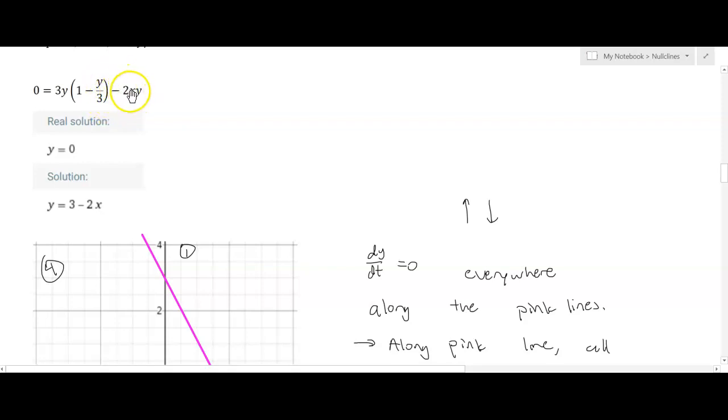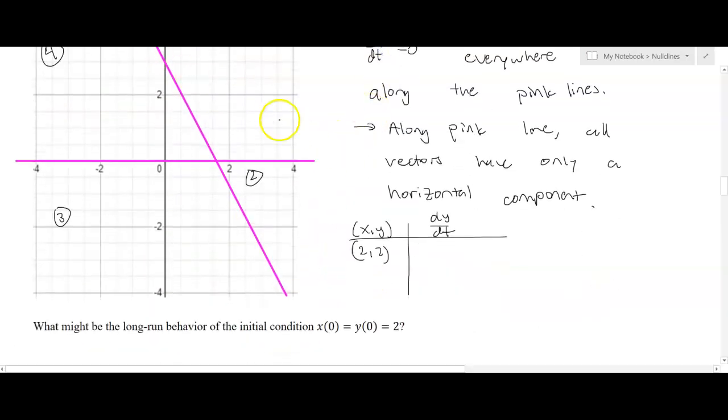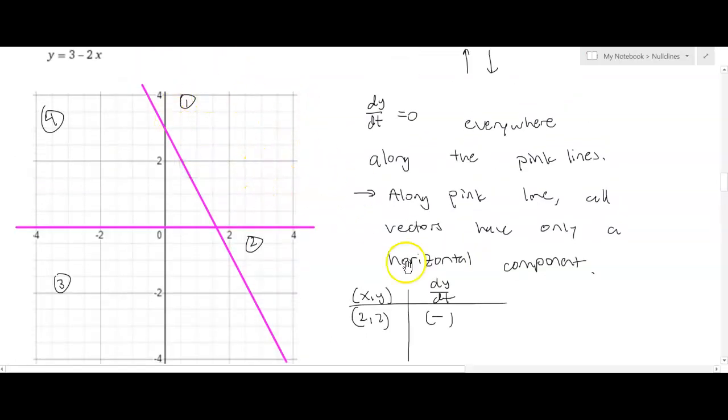And this will give me negative 2 times 2 times 2, which is a larger negative than this is positive, and therefore the rate of change that I will get will be negative. So that means that in this whole region 1, because (2, 2) is a sample point in there, and because all the points in here lie within the same set of y nullclines, my vectors in here will all have a downward facing component.